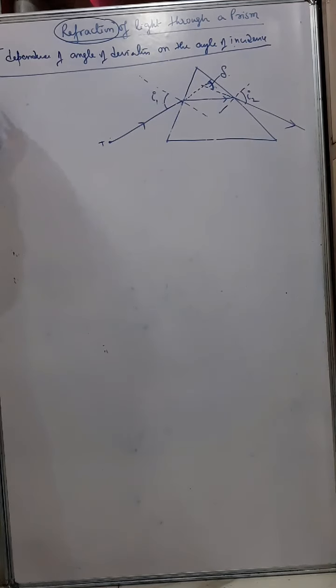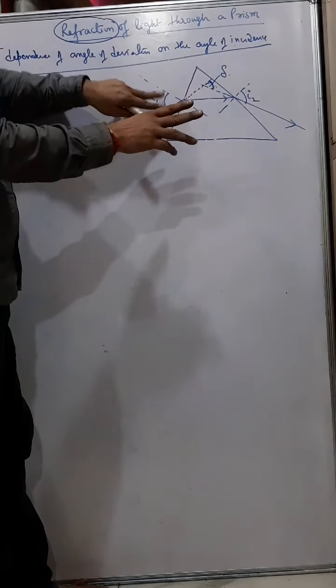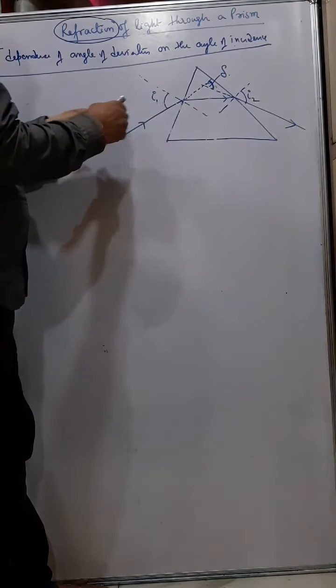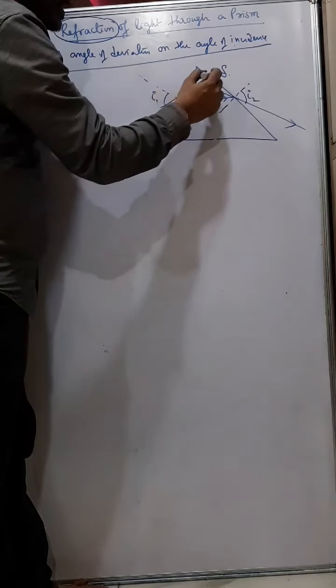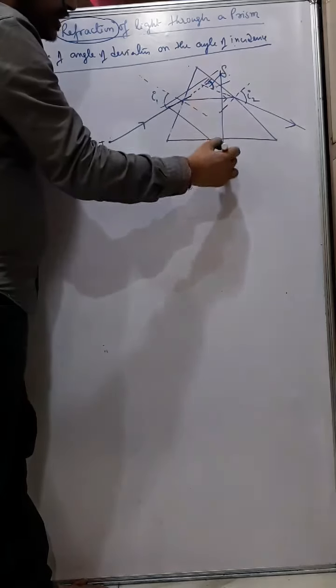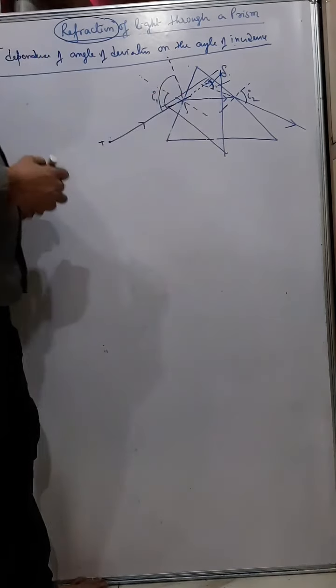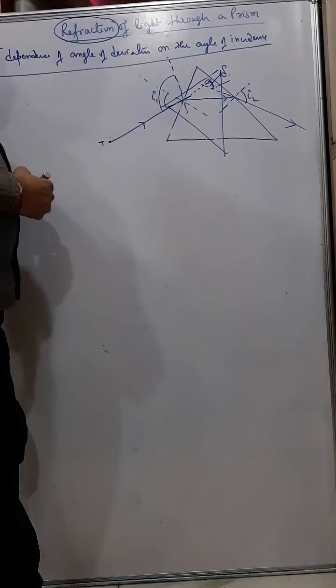But after reaching a certain minimum value, as I'm trying to explain, as I'm increasing the angle of incidence, next time when I'm rotating the prism in this way, see, if I'm rotating the prism, the normal shifts in this way, now this angle of incidence increases, right?